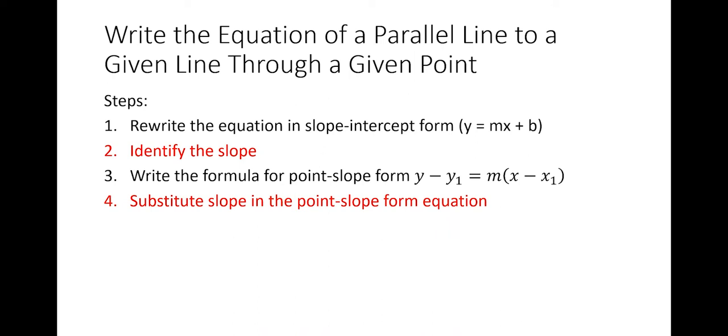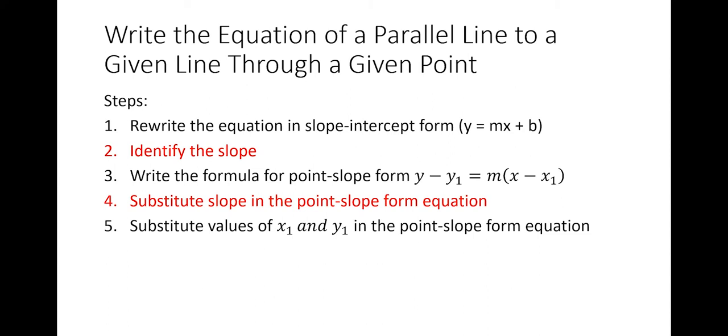Then we plug in the slope from step 2 into the point-slope form equation. We plug in the slope we found after rewriting the given equation in slope-intercept form. Then we plug in the given point x1, y1.